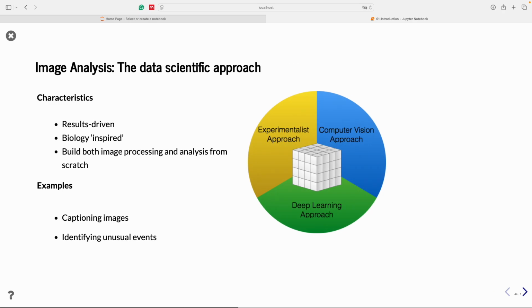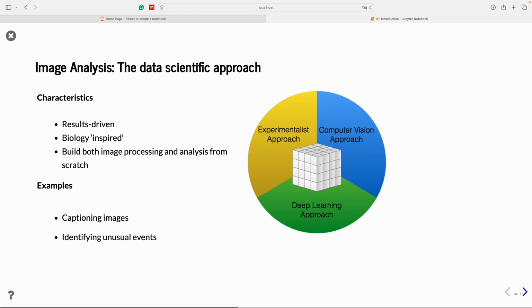And finally, we have the data scientific approach, which is result-driven. That mostly requires that you have a ground truth, and when you feed the data through, then you see how well it matches. You have more or less told the system, learn what I need to have in to get this out.